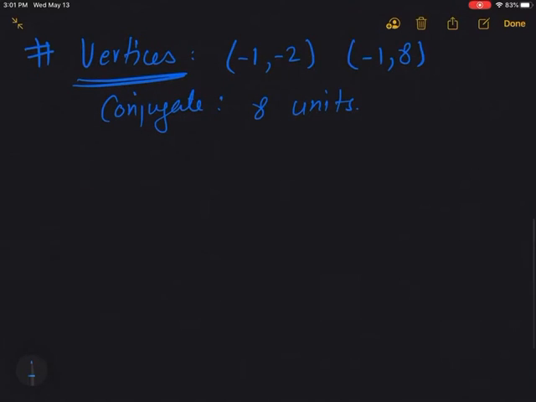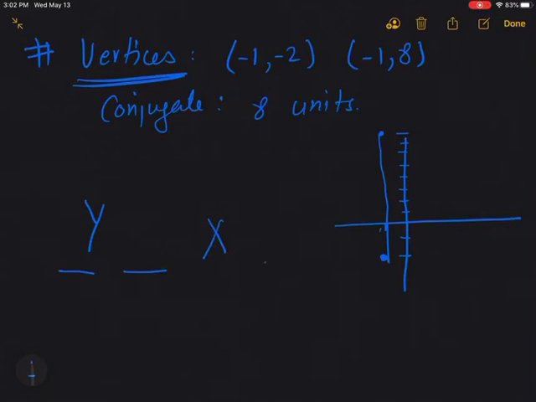So first thing, I would plot just to get an idea about the major or transversal axis. So (-1, -2) down here, and (-1, 8): 1, 2, 3, 4, 5, 6, 7, and 8. So this is the transversal axis. Since it's on the y-axis, y would come first, and then there's a minus, then there's x, and there would be 1.